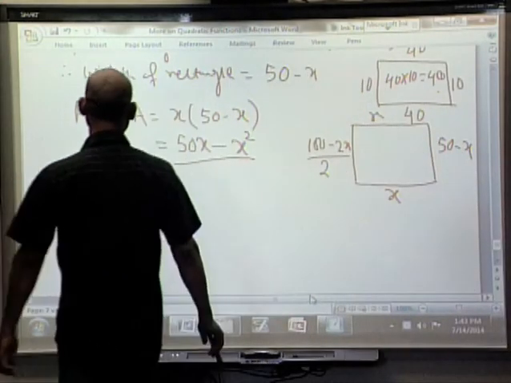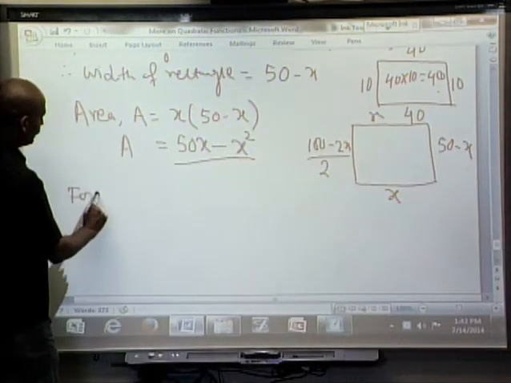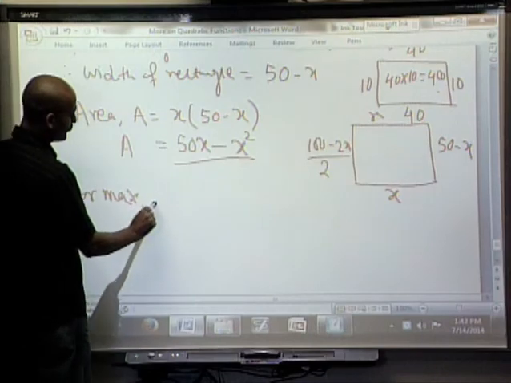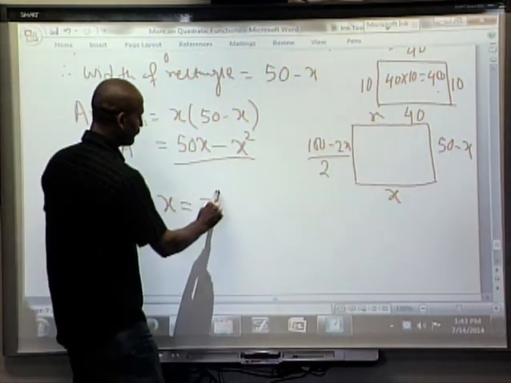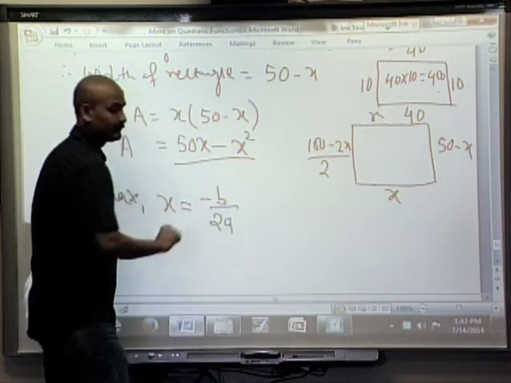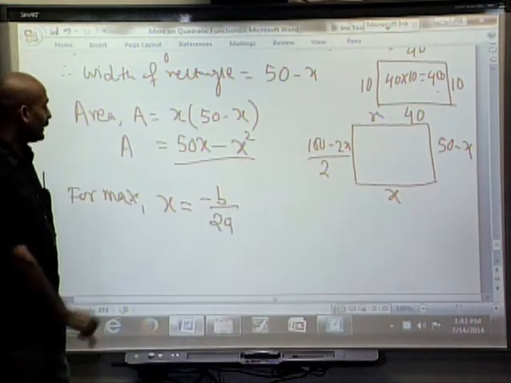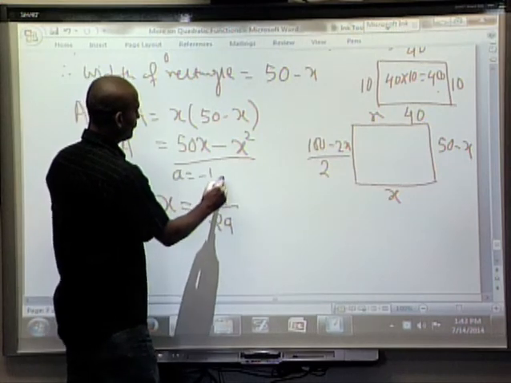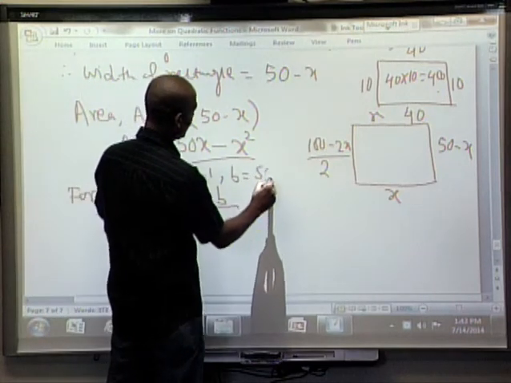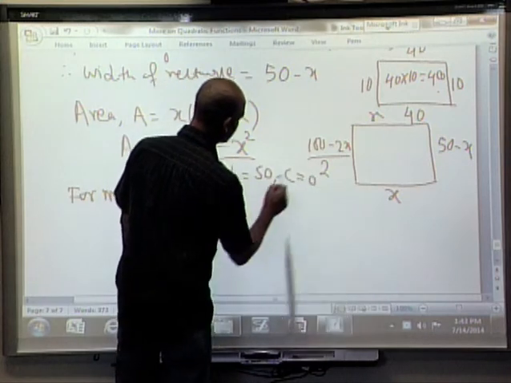So, for the maximum value, the x coordinate must be negative b by 2a. For this quadratic function, a is negative 1, b is 50, and there is no c, so c is 0.